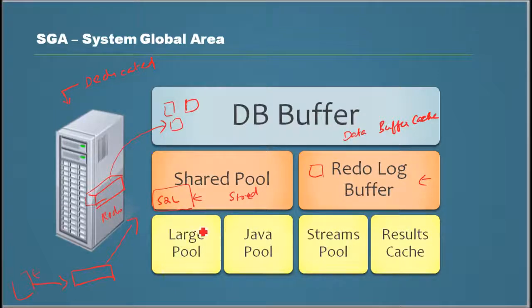Then there is this area called the large pool, which is an optional area that can be used for any large data operations. And the Java pool is used by Java applications to store Java code related information. The streams pool is used by Oracle Streams.